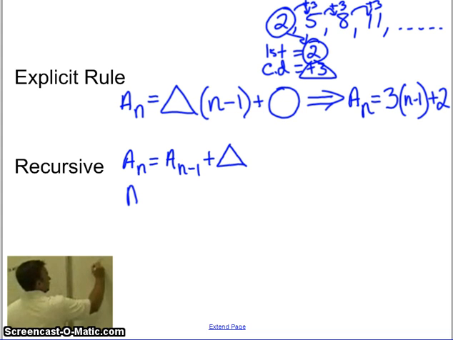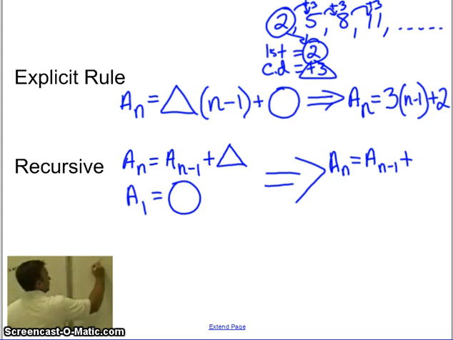Then we have to write what the first term is: a sub 1, the first term, equals whatever's in the circle. Here, that translates to a sub n, the term we're looking for, equals a sub n minus 1 plus the common difference, which in this case is 3, and the first term is 2.